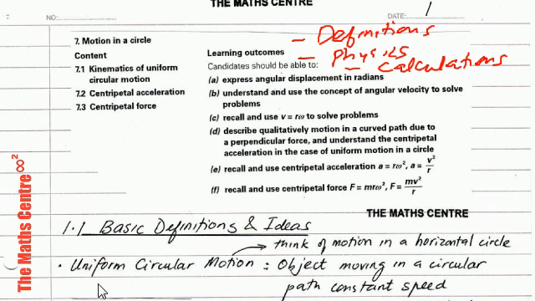Now, when we deal with uniform circular motion, look at this note I've made here. Think of motion in a horizontal circle. So when we deal with uniform circular motion, we are talking about an object moving in a circular path at constant speed. At constant speed, very important, yeah?